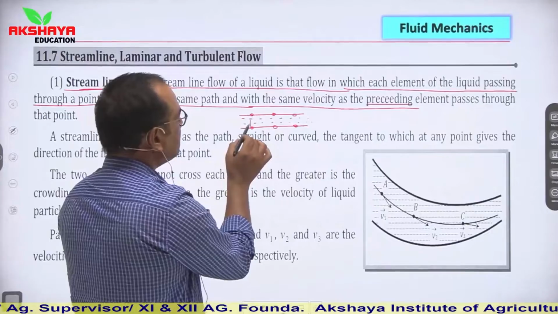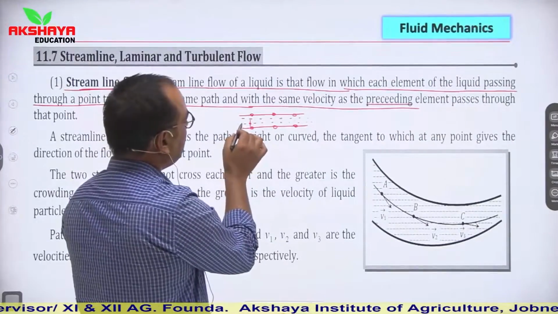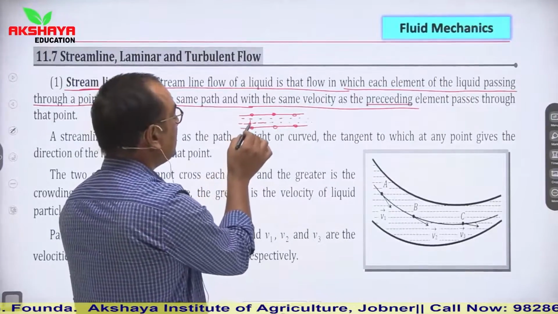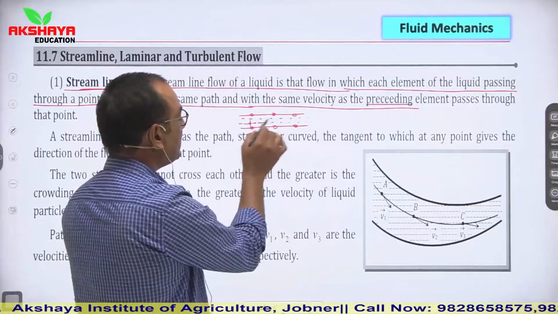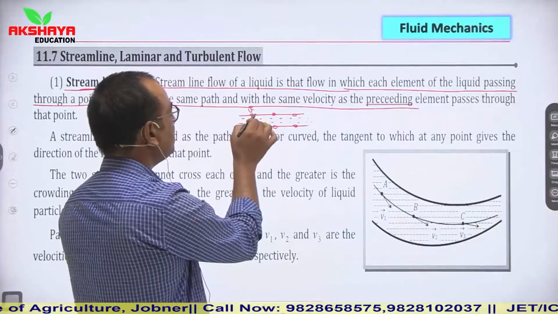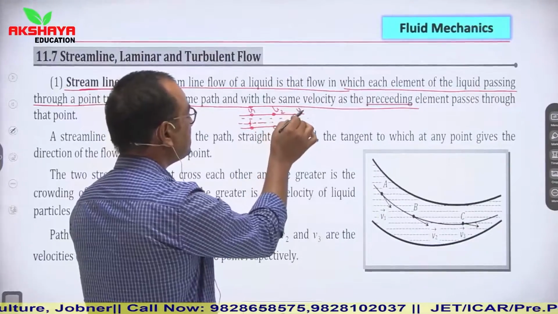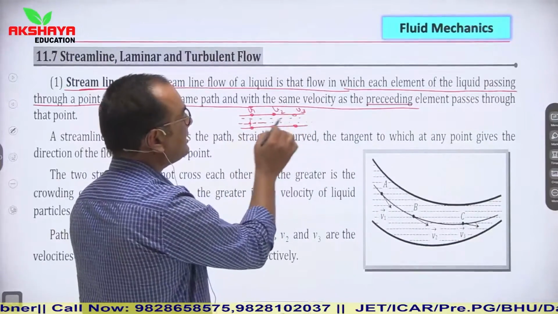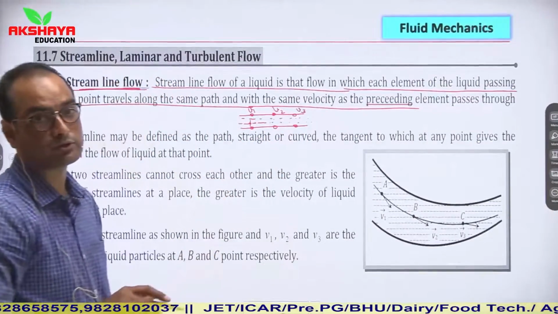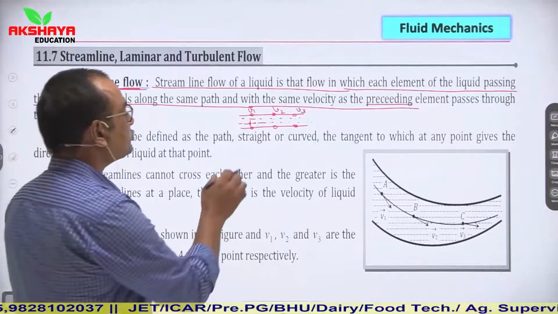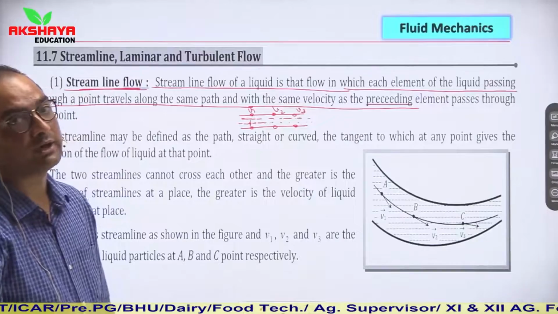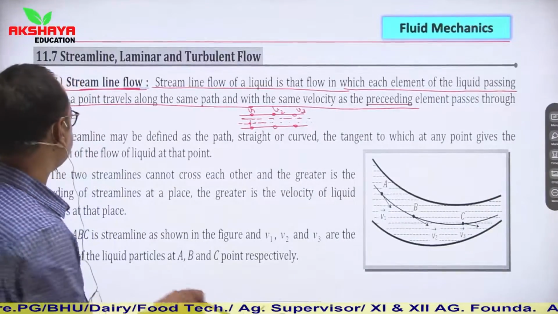So in front of these points, whenever any liquid layer or any element of this fluid will pass, it should be in the same path and it should have the same velocity at this place. Let us say at this place its velocity is v1, at this place velocity is v2, at this place velocity is v3. Then all the elements passing through these certain points should have the same velocity and should follow the same path, then such flow is known as streamline flow.